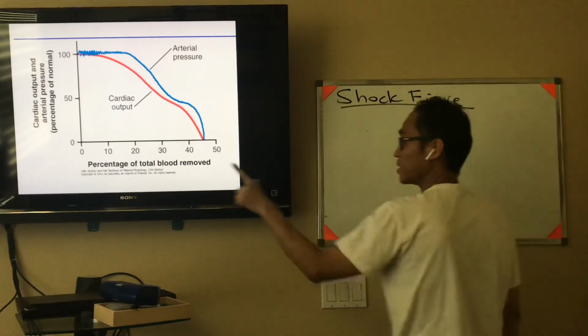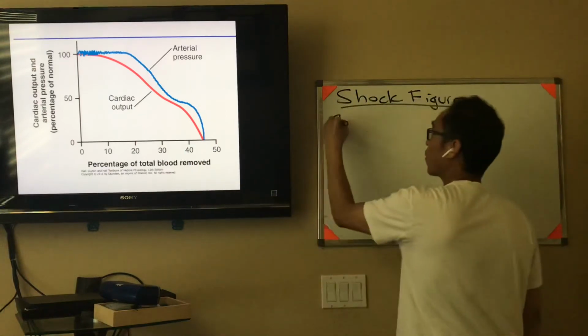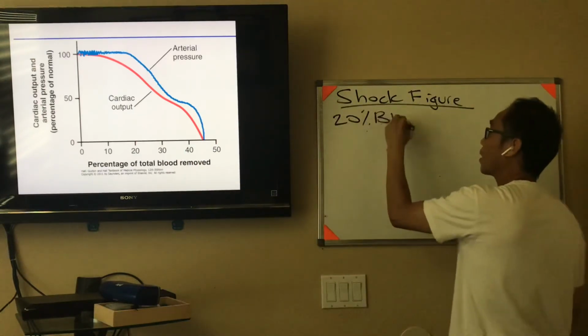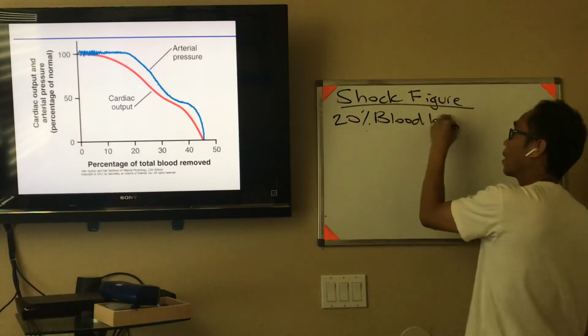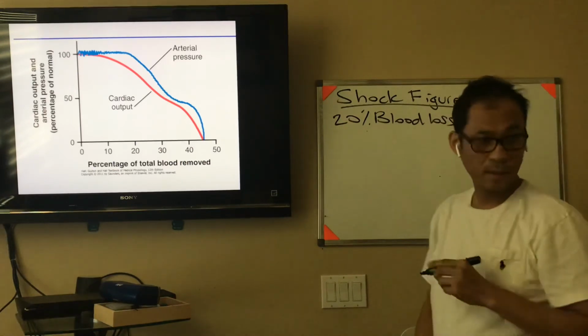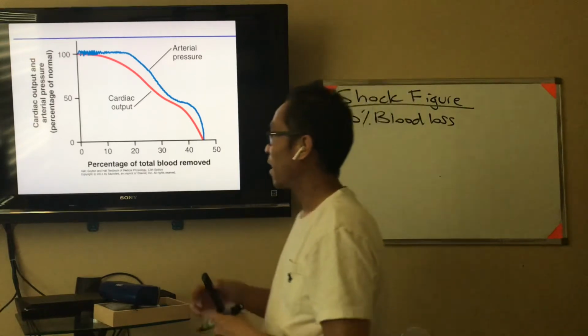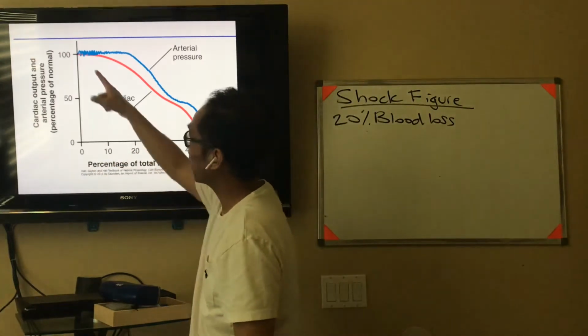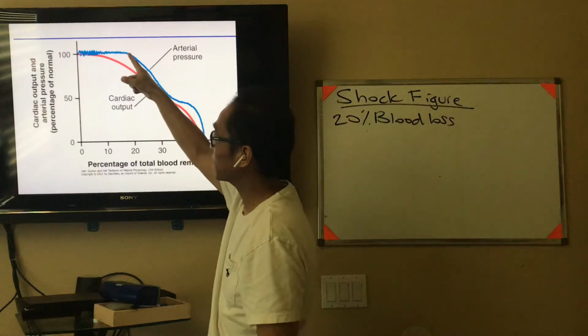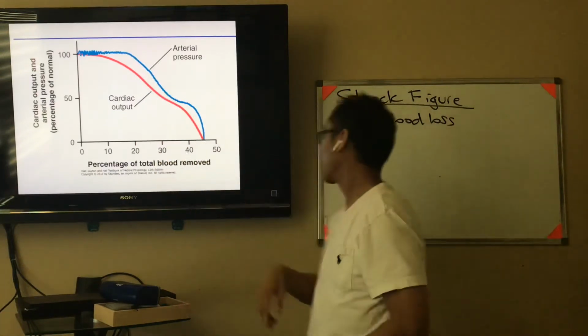Notice that 20% blood removal. Notice that you can remove 20% of the blood and arterial pressure actually remains constant.